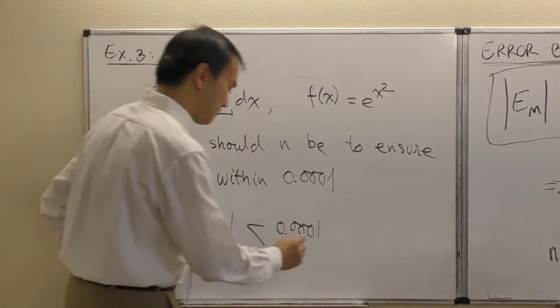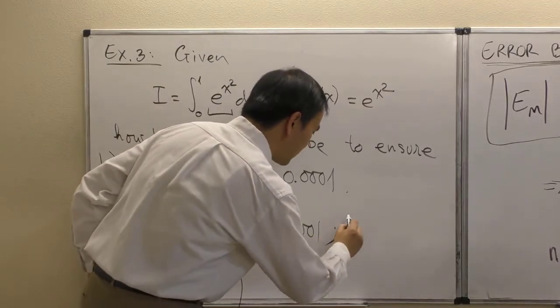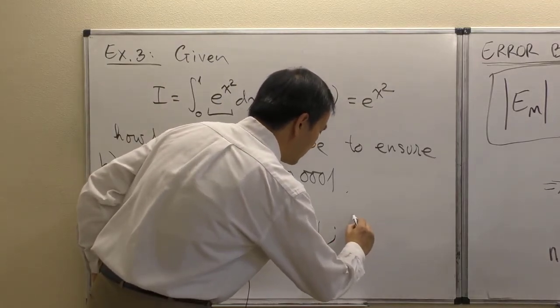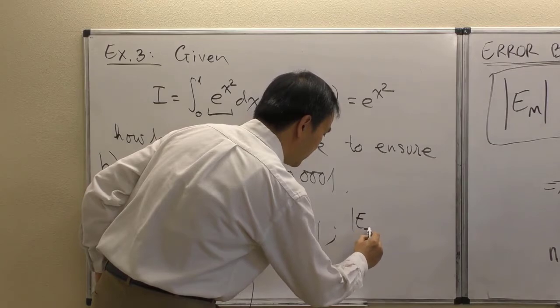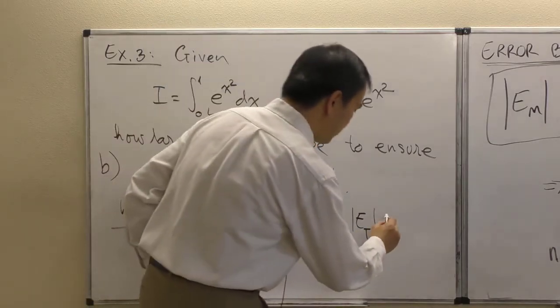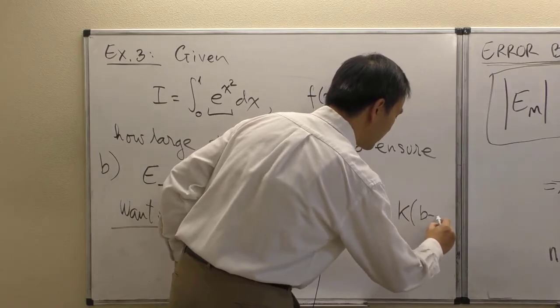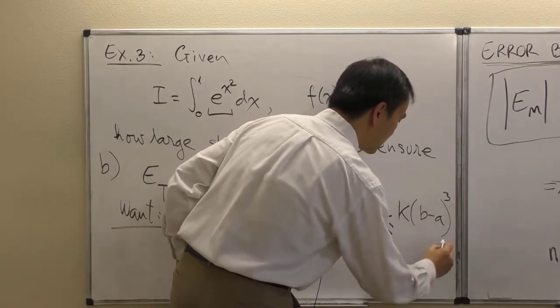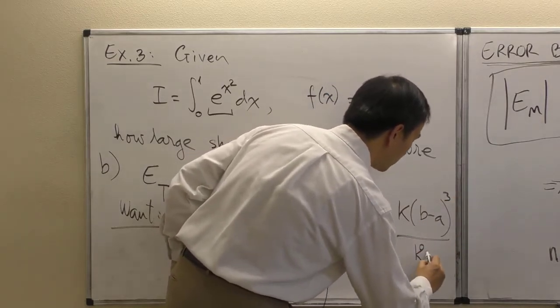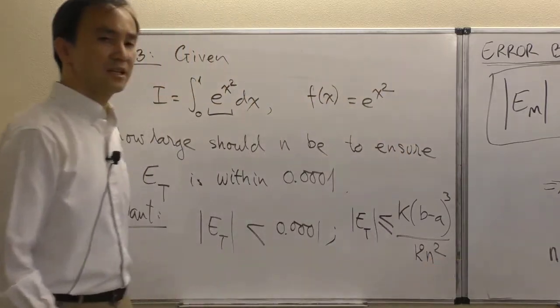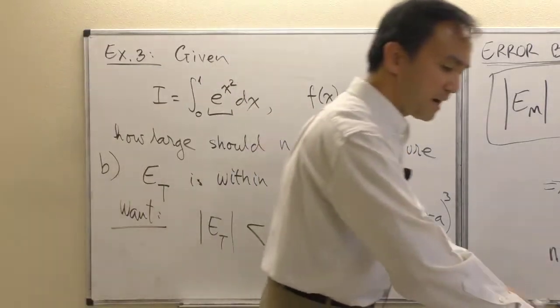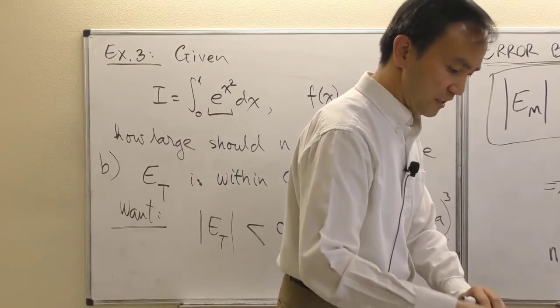On the other hand, we knew that ET in absolute value has to be less than or equal to a K value times b minus a, all cubed, divided by only 12 n squared. And that's our error bound formula for ET.